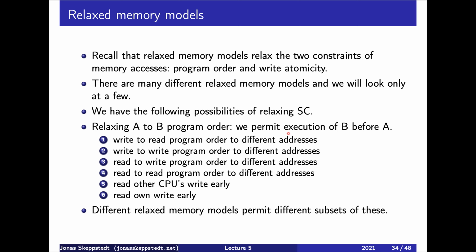Say we have 2 operations from one thread, A and B. When we say that we relax them, we mean that A is supposed to be executed before B, but with relaxing them, we permit B to be executed before A. So we can relax write to read program order, write to write, read to write, read to read, read another CPU's write before it was completed, and read your own write before it was completed.